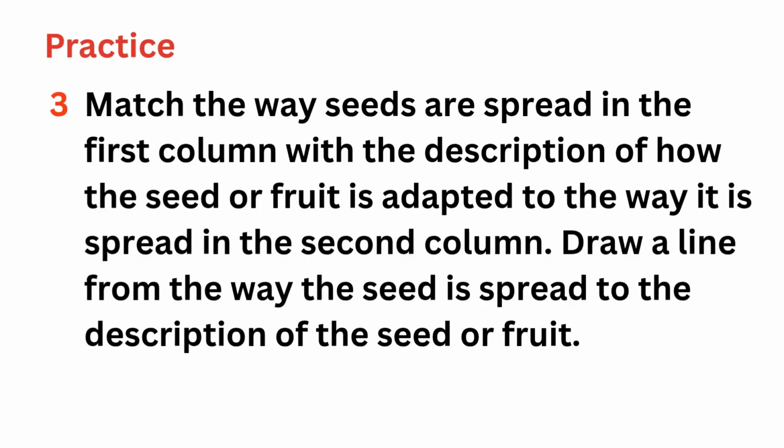Practice. Question number 3. Match the way seeds are spread in the first column with the description of how the seed or fruit is adapted to the way it is spread in the second column. Draw a line from the way the seed is spread to the description of the seed or fruit.